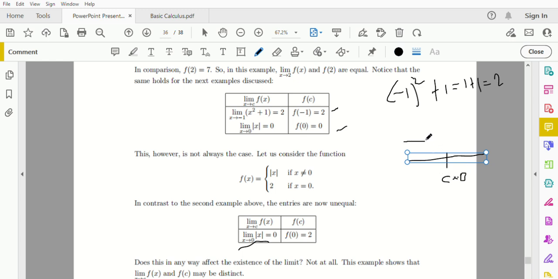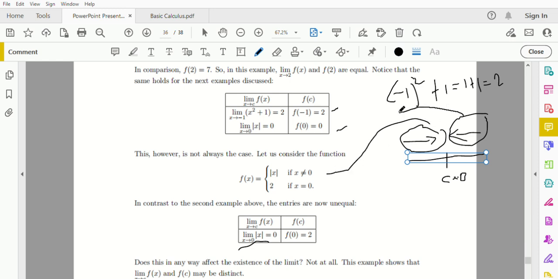Of course, if our x is from the left, it approaches 0. If it's from the right, it approaches 0. Now, these values here are the values not equal to 0.